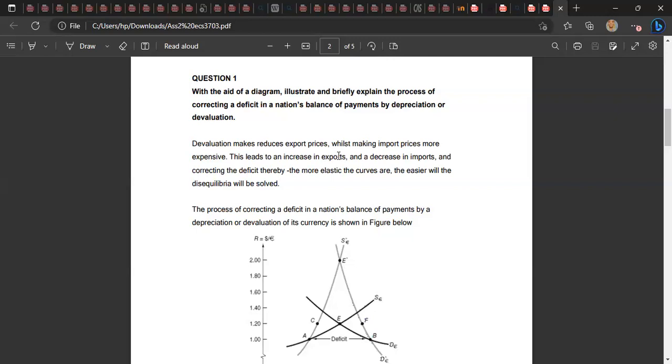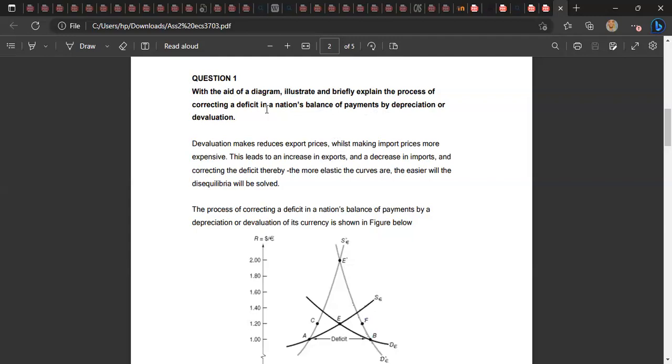We are holding the financial account constant. So we are assuming that if you make policies that take you towards a trade surplus, then in so doing, you are correcting the balance of payments deficit.